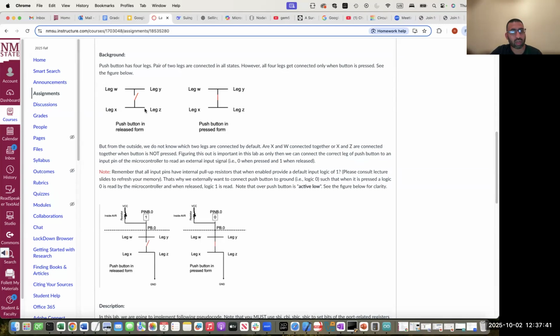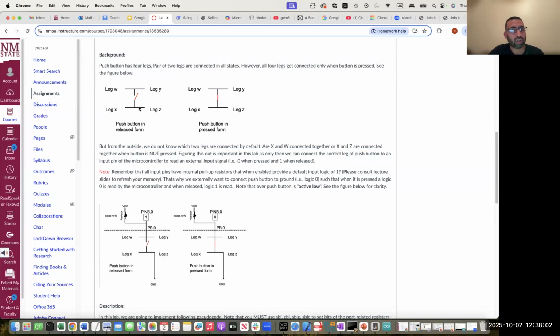So for example, in this figure, let's say I have connected leg W with the microcontroller, and leg Y with the ground signal. Irrespective of whether I push the button or not, my input will always be 0, right? But I don't want that behavior.